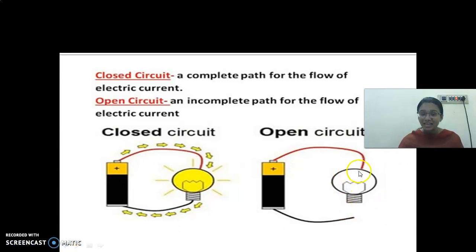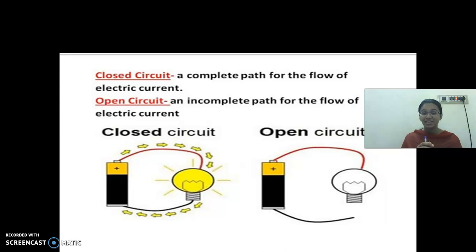In this case, the bulb does not glow because the circuit is not complete. We have an opening here. So this is an open circuit and this is a closed circuit. The bulb glows only in a closed circuit and it does not glow in an open circuit.